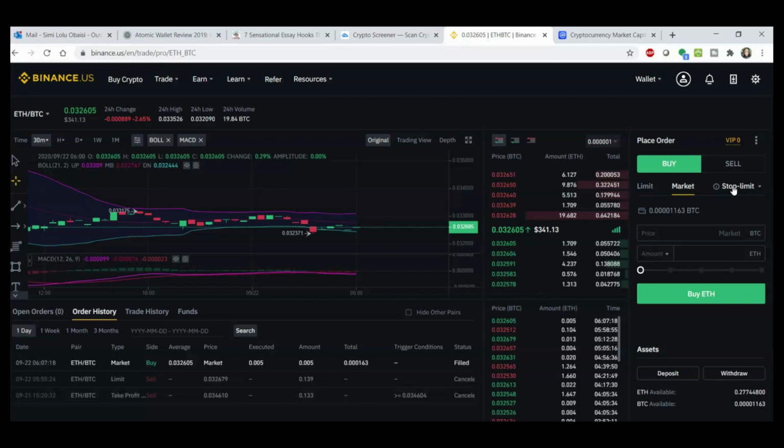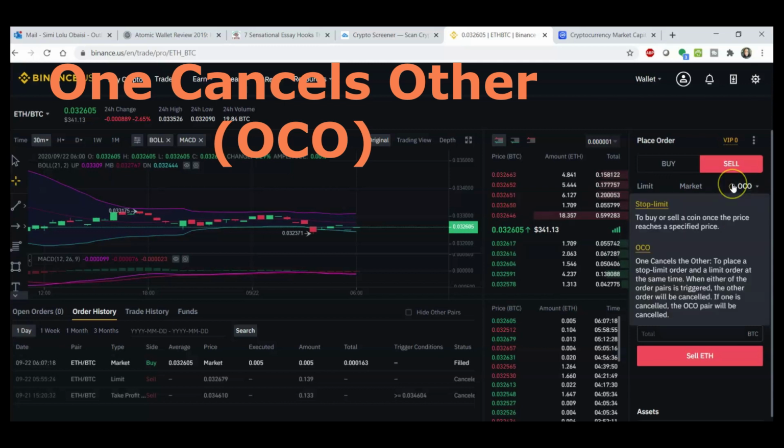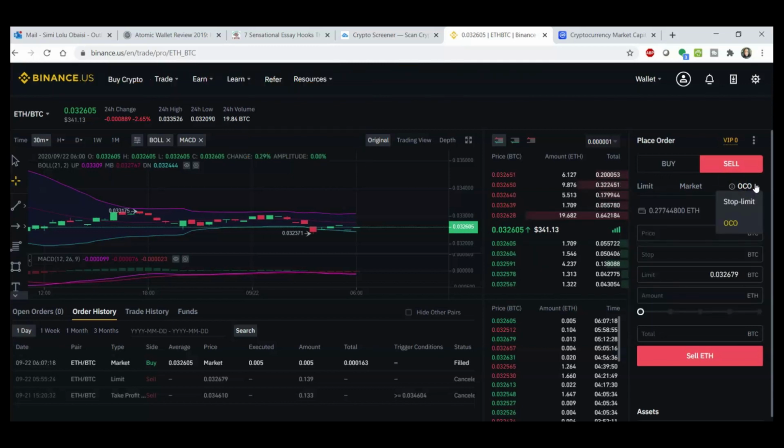Now I'm going to set my stop loss and my take profit at the same time using this sell button, but using this feature here, and this feature is called one cancels other. We're going to set a stop loss which is going to be below our purchase price, and we're going to set a take profit which is going to be above our purchase price.